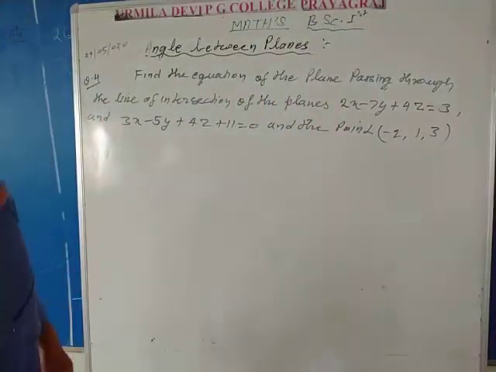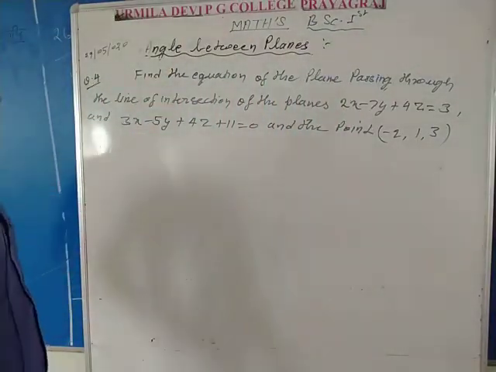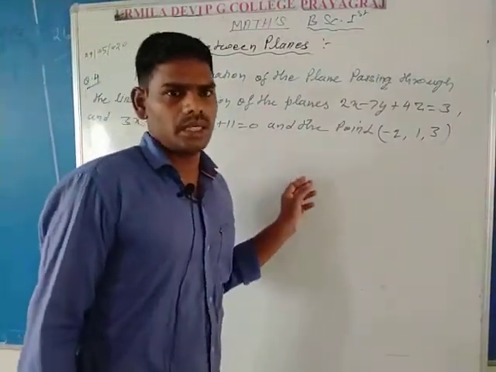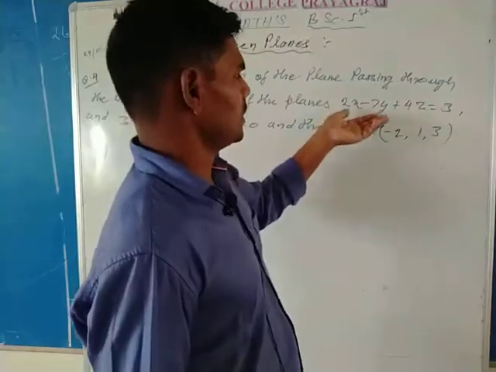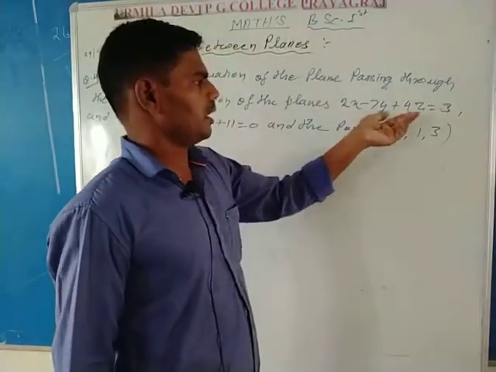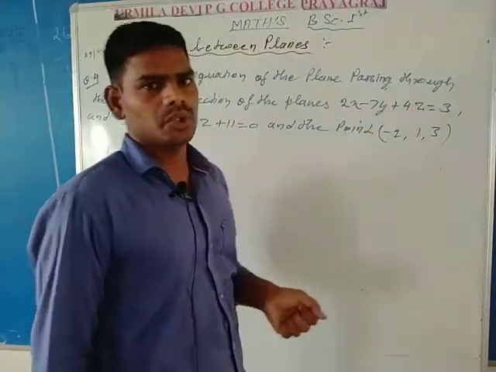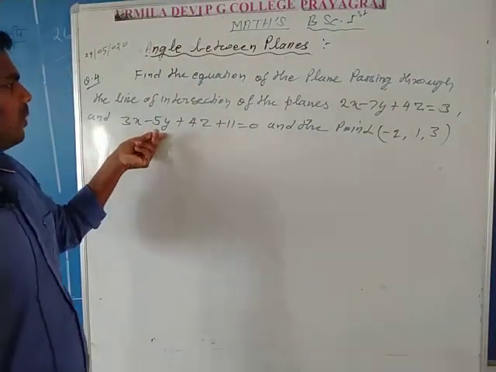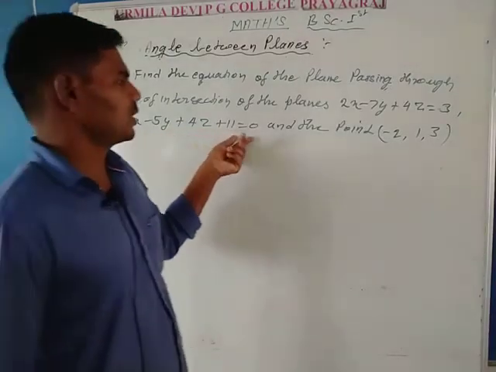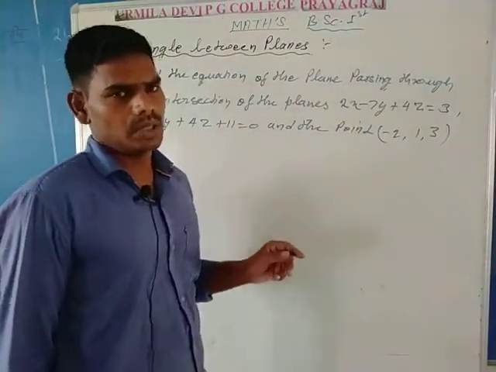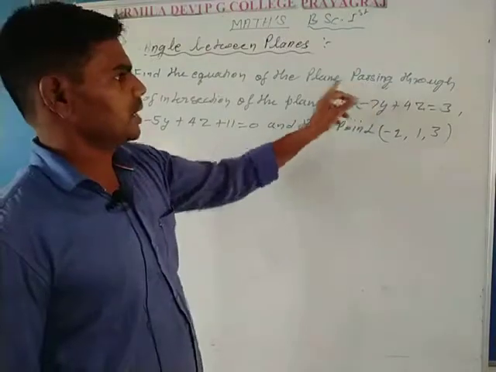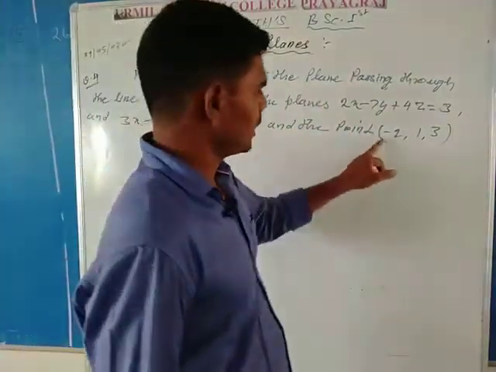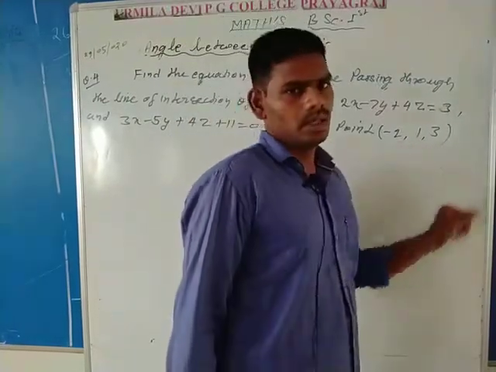In this question, find the equation of the plane which passes through the intersection of two given planes. The first plane is 2x minus 7y plus 4z is equal to 3, and the second plane is 3x minus 5y plus 4z plus 11 is equal to 0. It is also given that the required plane passes through the point with coordinates minus 2, 1, 3.